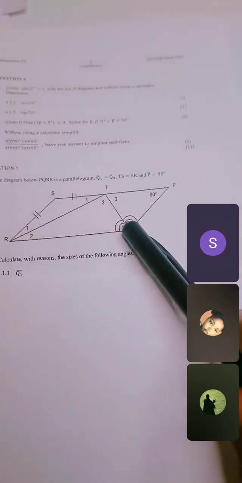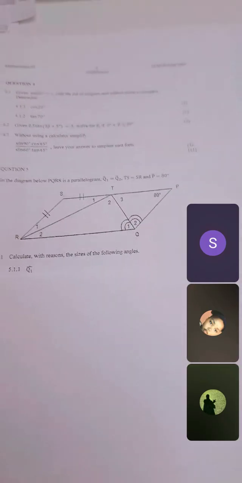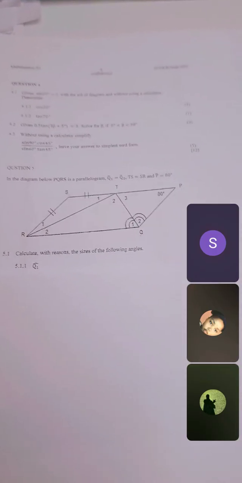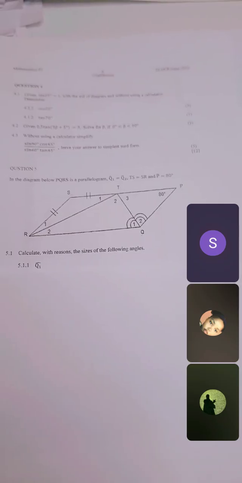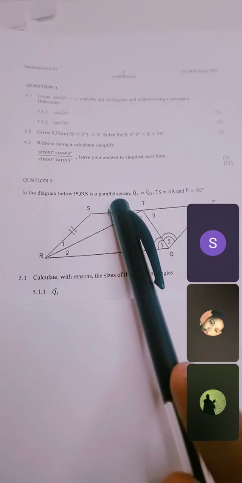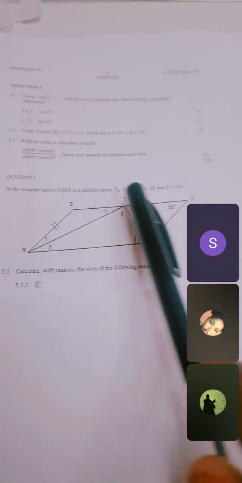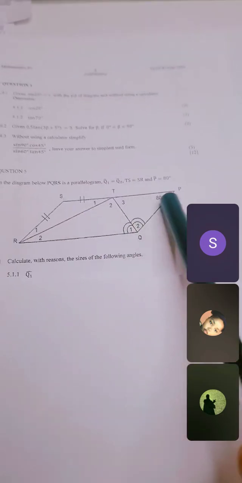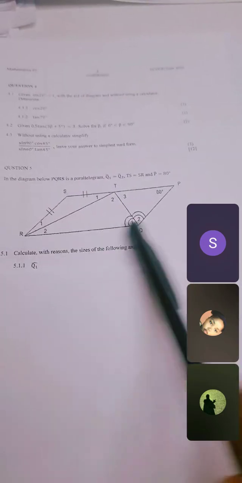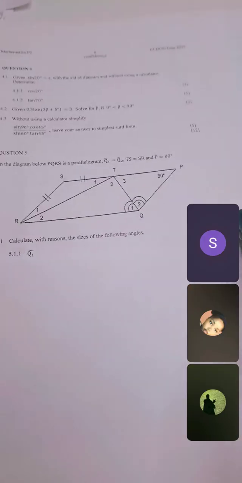Q1 is there. So what did they say here? PQRS is a parallelogram. If this is a parallelogram, it means PS and QR are parallel, and SR and PQ are parallel.